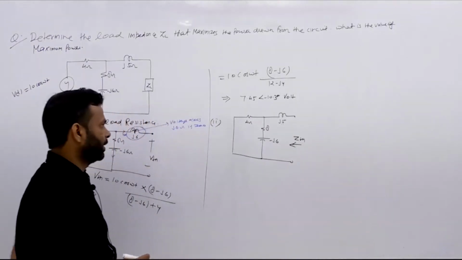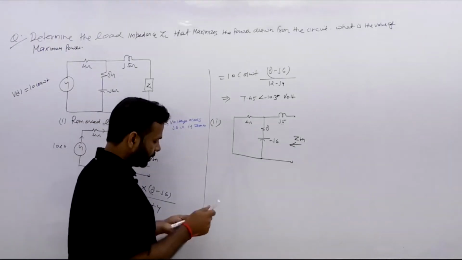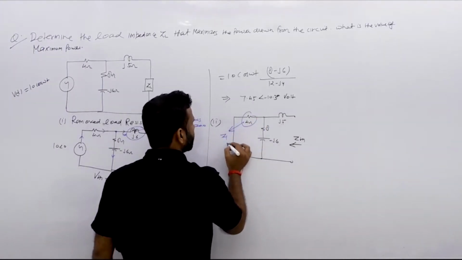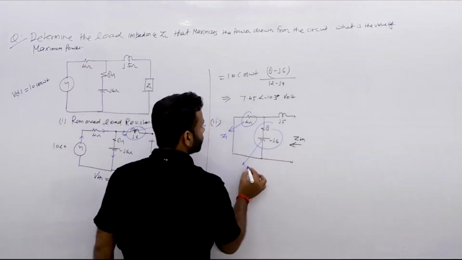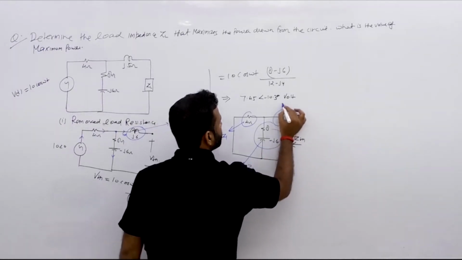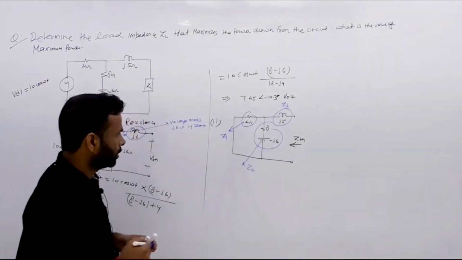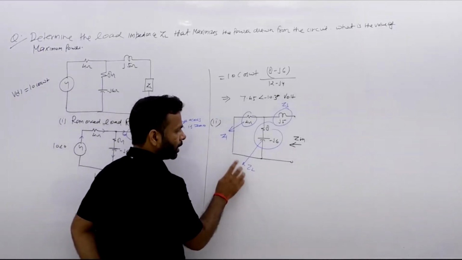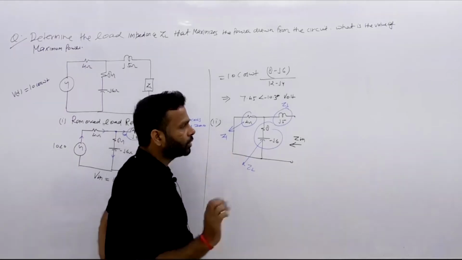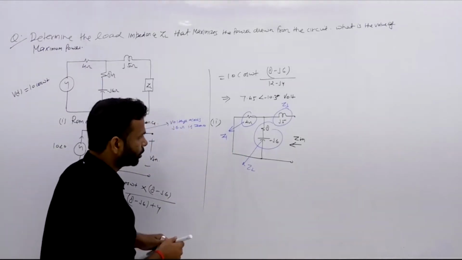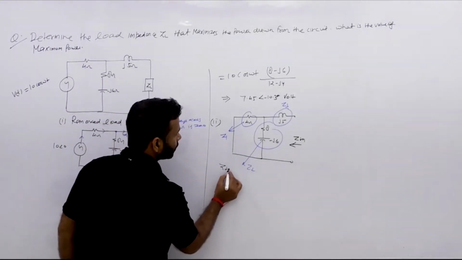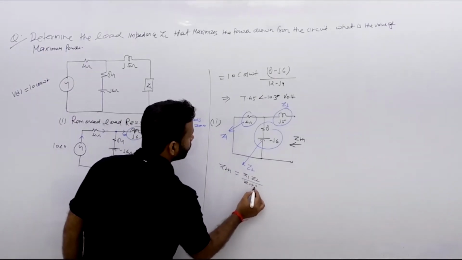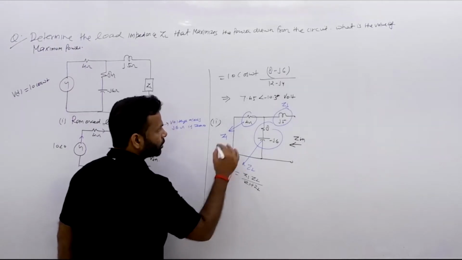Let this be Z1, this Z2, and this Z3. If you take the series and parallel combination, Z1 and Z2 are in parallel, and that combination is in series with j5. So ZTH is Z1 into Z2 divided by Z1 plus Z2, in series with Z3.